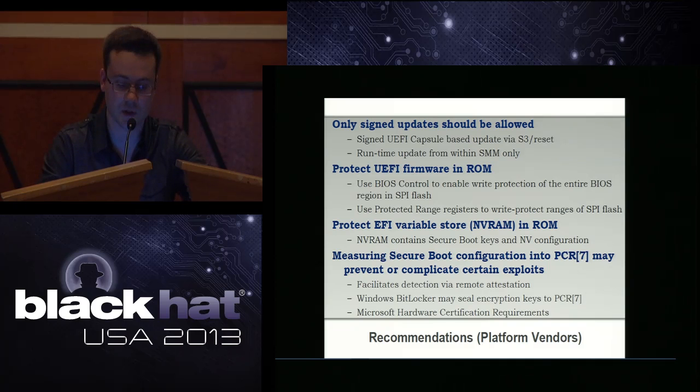For example, it can facilitate the detection of the exploit via remote attestation, or Windows BitLocker can seal the encryption keys to PCR7. So if you have an exploit modifying configuration, then BitLocker wouldn't unseal the encryption key. And that actually is recommended by Microsoft in their hardware certification requirements.